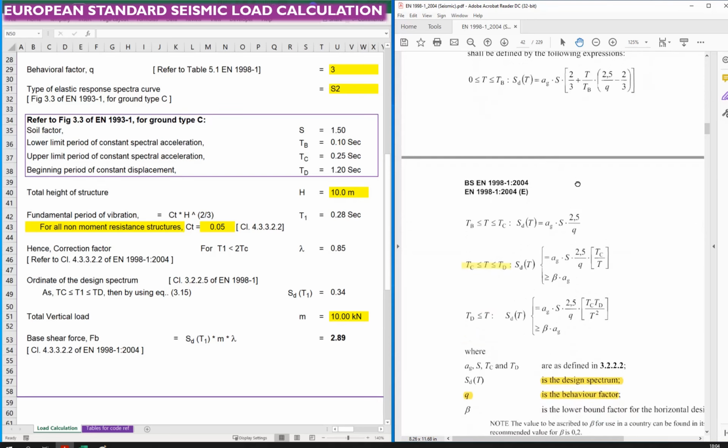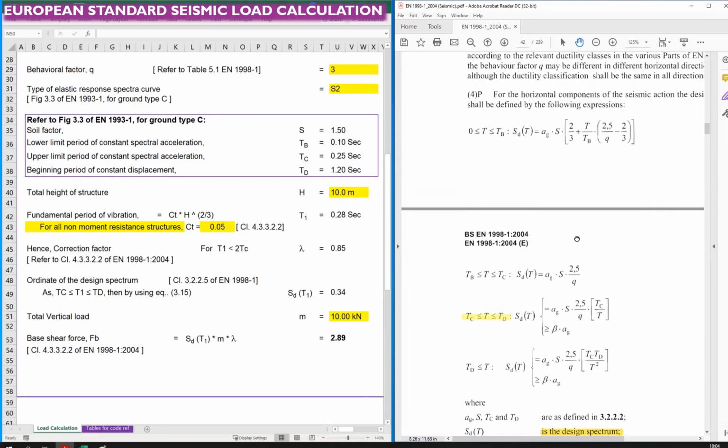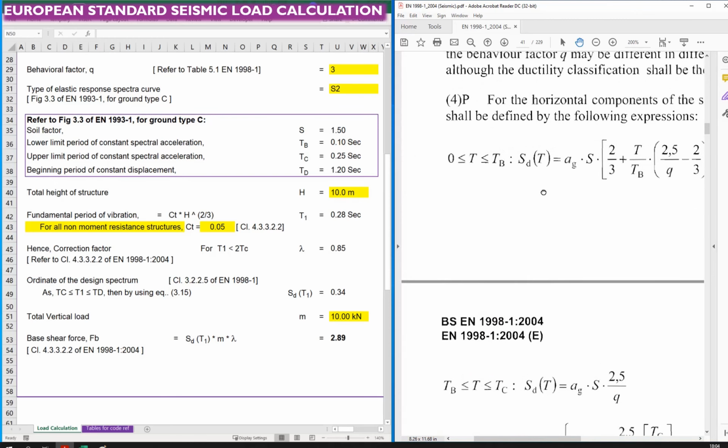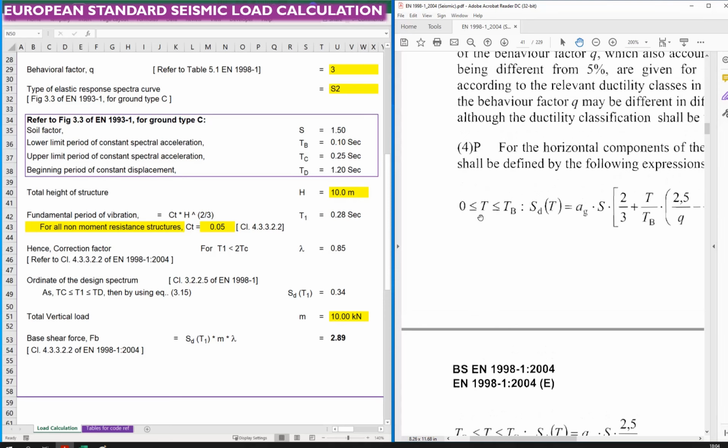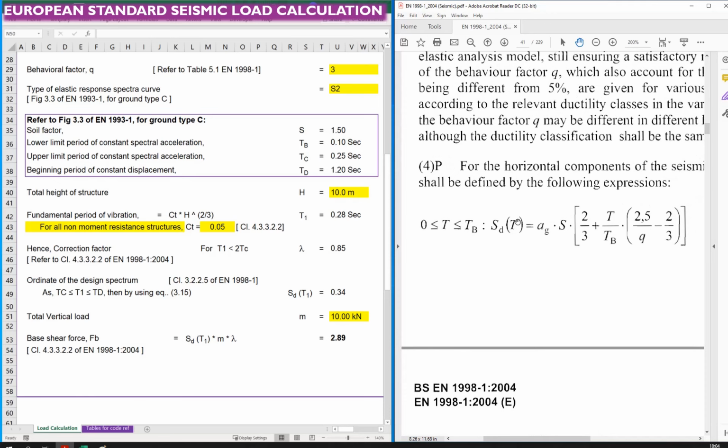So there are 4 formulas to calculate the ordinate factor St of T. In the first case, if our fundamental period of vibration T1 is greater than 0 and less than or equal to TB, then the ordinate of the design spectrum is Ag into S into [2/3 plus T/TB into (2.5/q minus 2/3)].